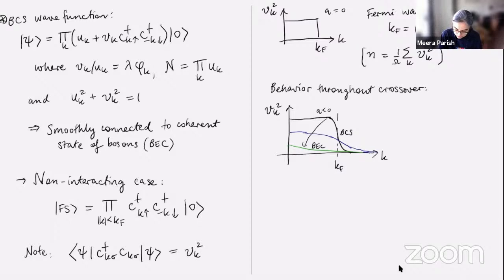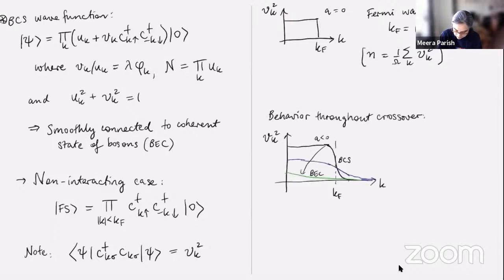You have a chemical potential which is just given by the Fermi energy, the energy at k_F. So you have these small deformations, small smearing of the Fermi surface.